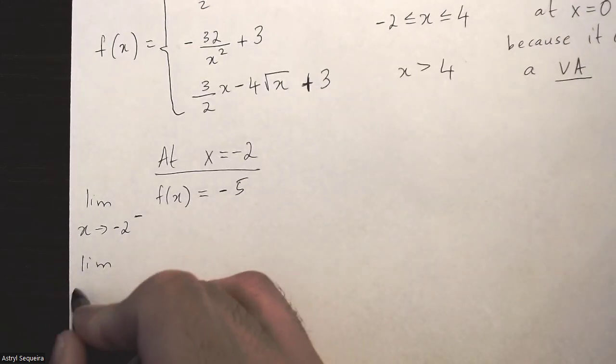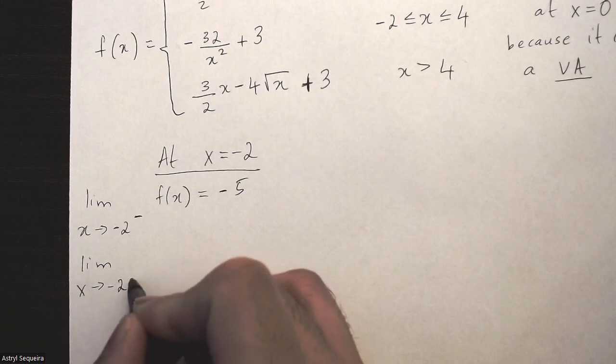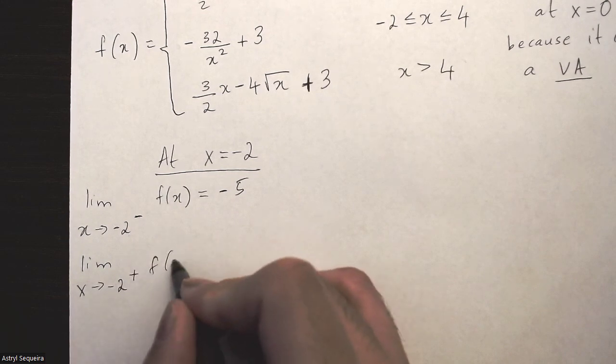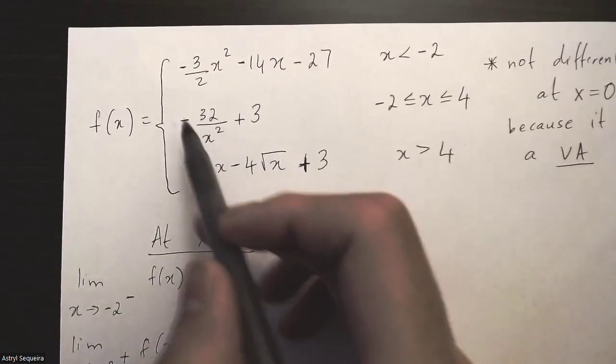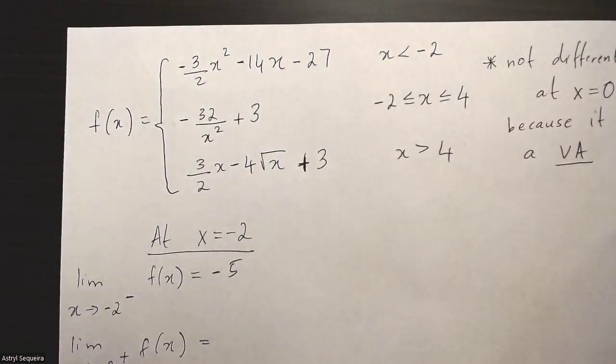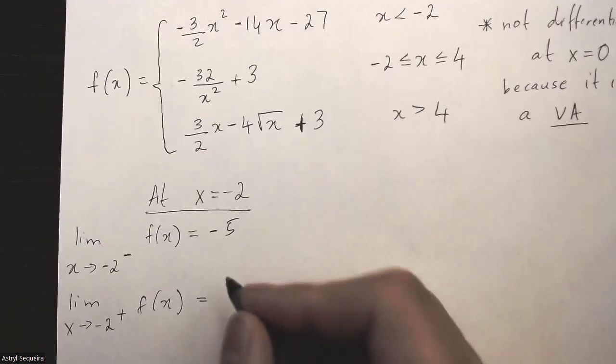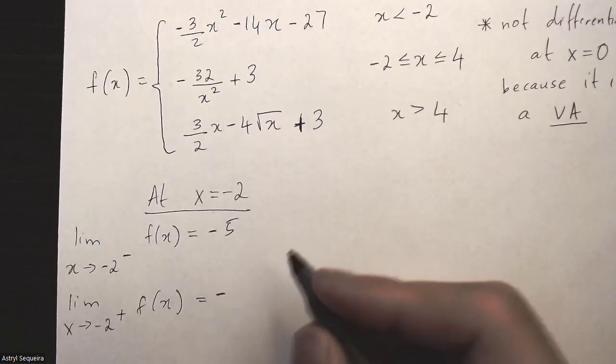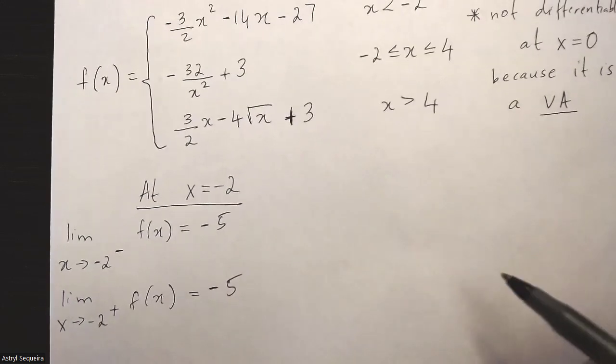Then I'll do the limit as x approaches -2 from the positive side. So basically, I'm subbing -2 into the second equation. I'll do that in my calculator, and I get -5.